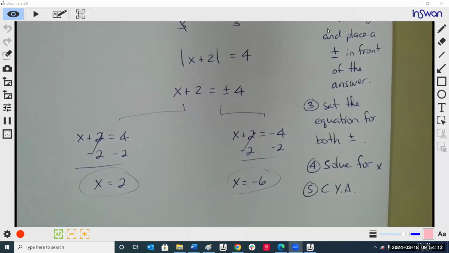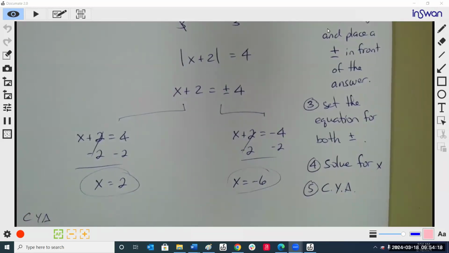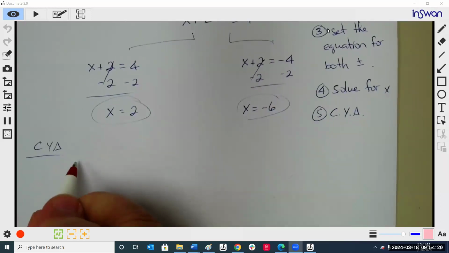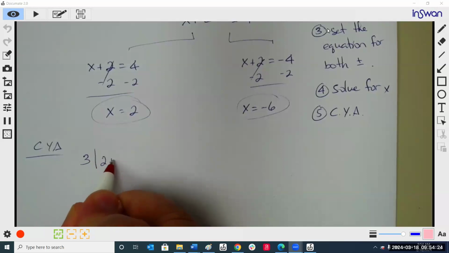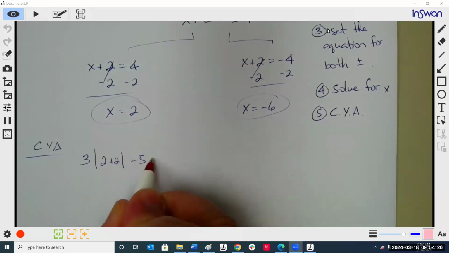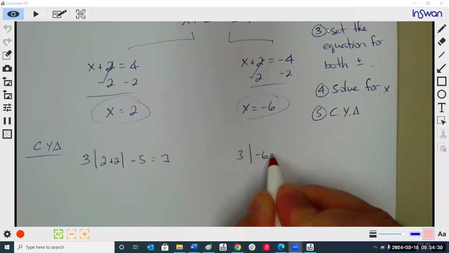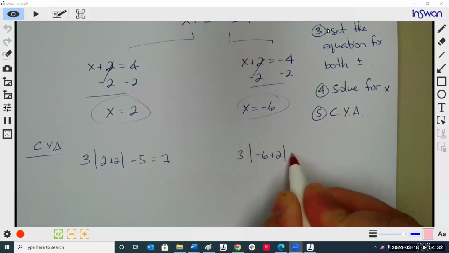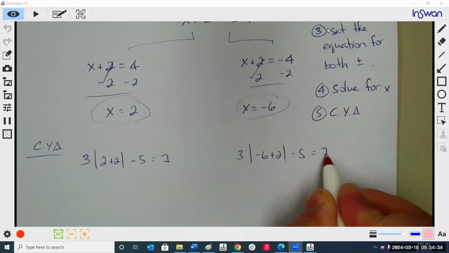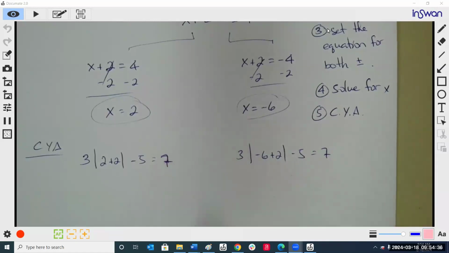And they're going to work. 2 plus 2 minus 5. -6 plus 2 minus 5 equals 7.